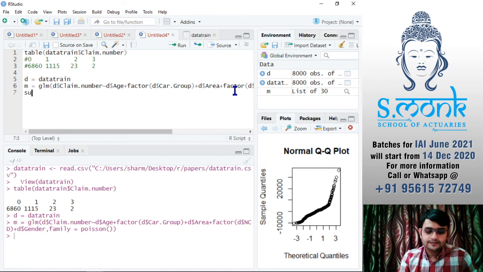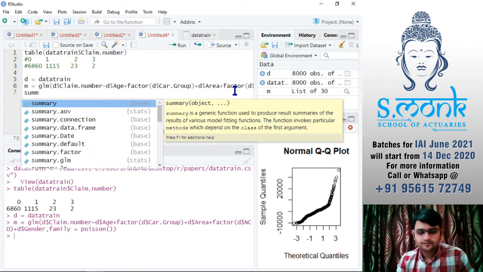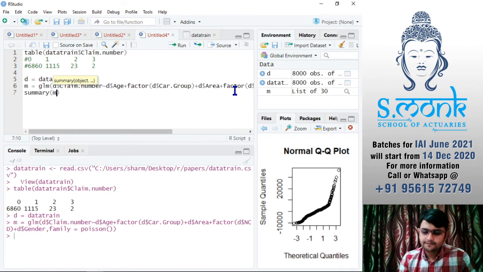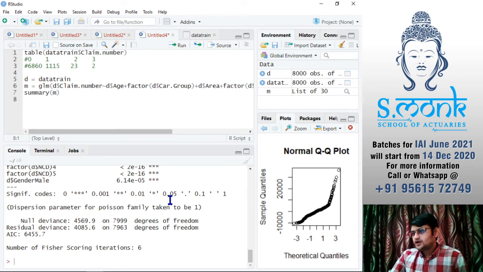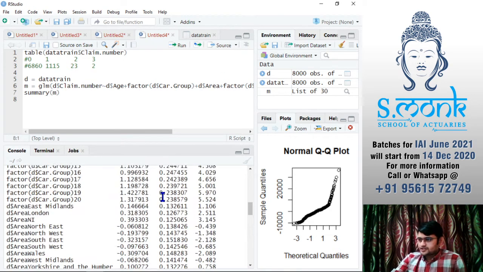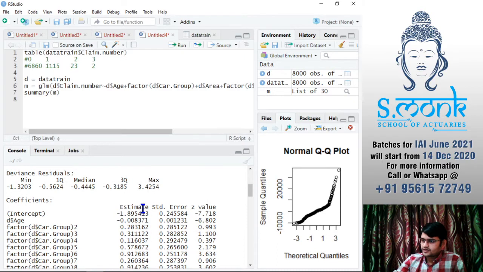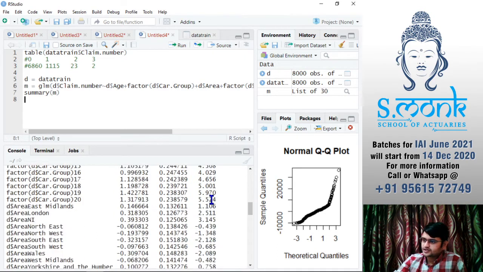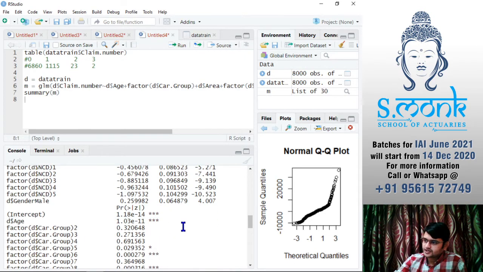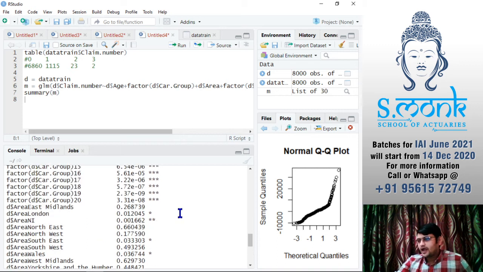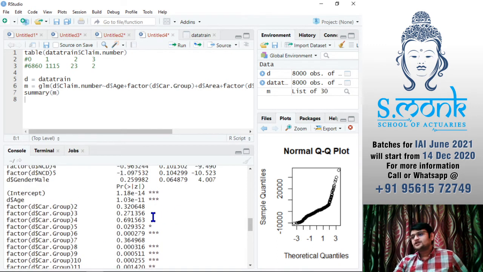Now the summary of M, so it will take everything into consideration. Okay, estimate, standard deviation, Z value, P value, everything is there, and using the P value you can talk about the significance. So you'll say age is very significant, 3 star, very small P value.